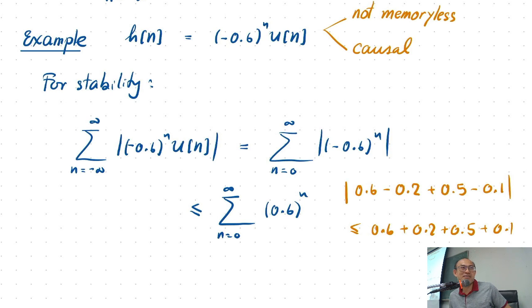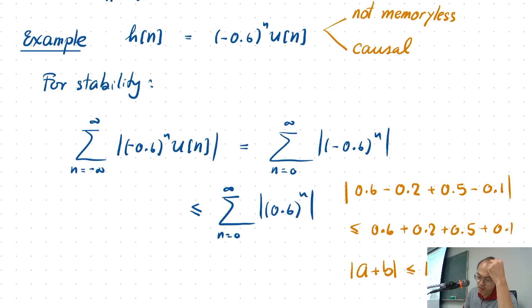This is called the triangle inequality, in real analysis. The absolute value of a plus b is less than or equal to the absolute value of a plus the absolute value of b.